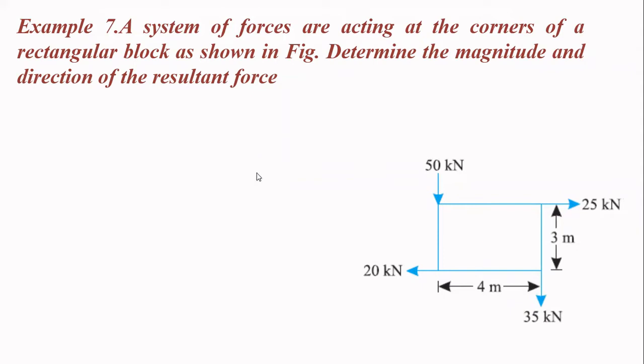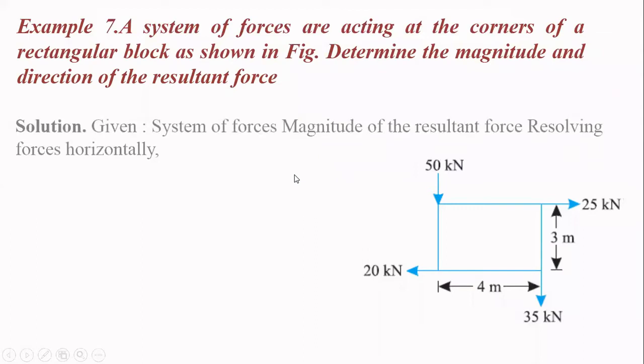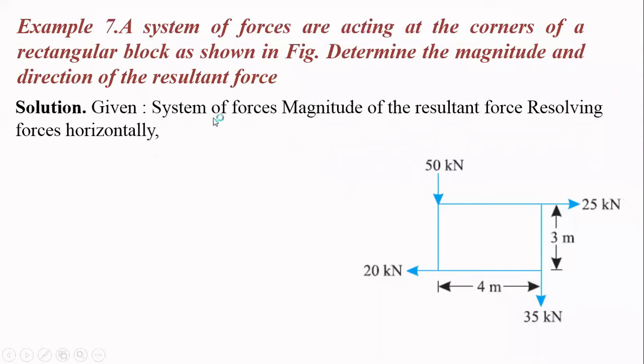Now as we know, we have to find out summation Fx and summation Fy, and then we solve this. Now let us see one by one. Given the system of force, for the magnitude of the resultant force, we resolve the horizontal forces, summation Fx.